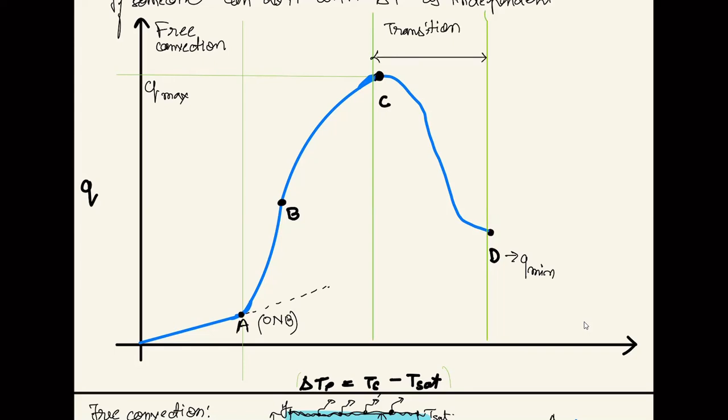Over here, we were seeing free convection until this point, right? At this point, we go to Q max.